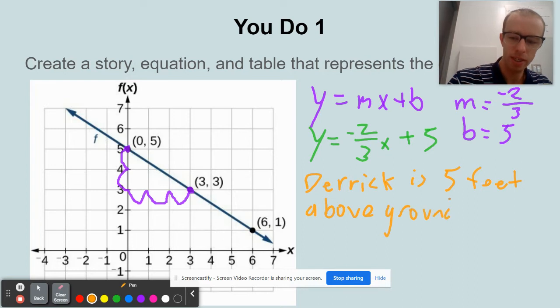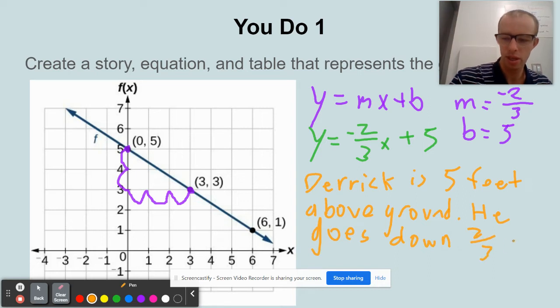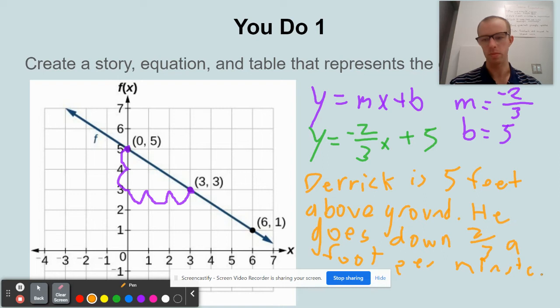He's above ground because that's a positive 5 as the beginning, right? He goes down 2/3 a foot per, let's say Derek is slow, per minute. All right. So now I have a story.